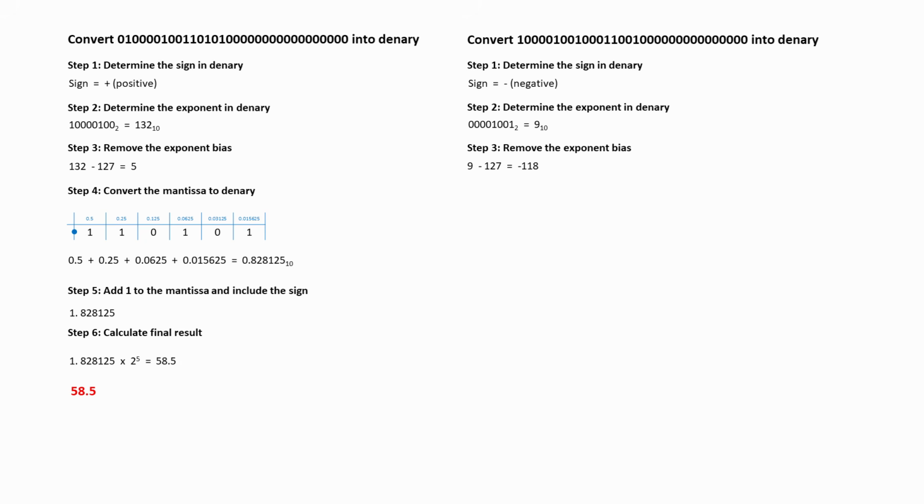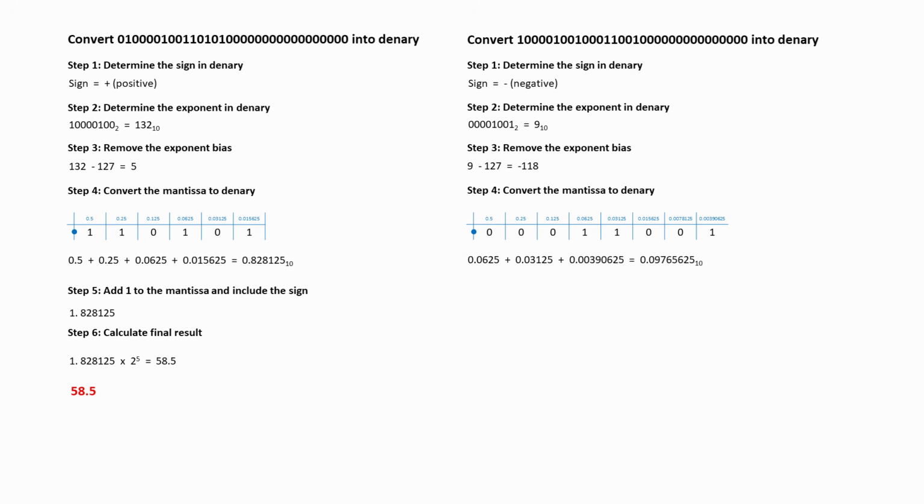Then convert the Mantissa into denary. Plugging the binary digits into the place values gives us 0.09765625. Add 1 to the mantissa and include the sign, and we can calculate the final result.